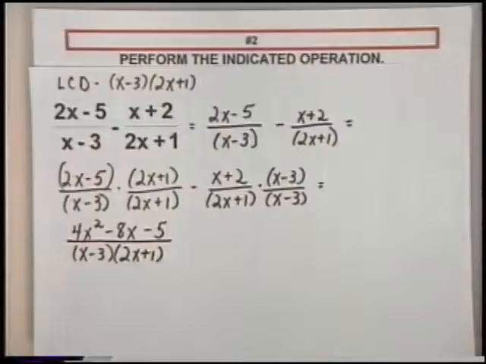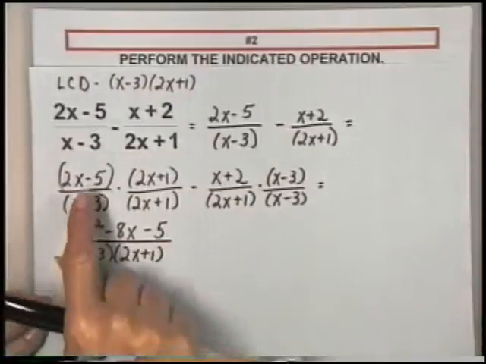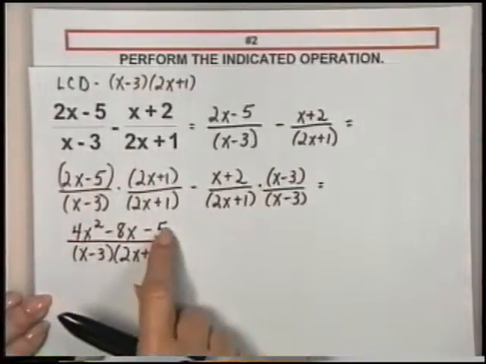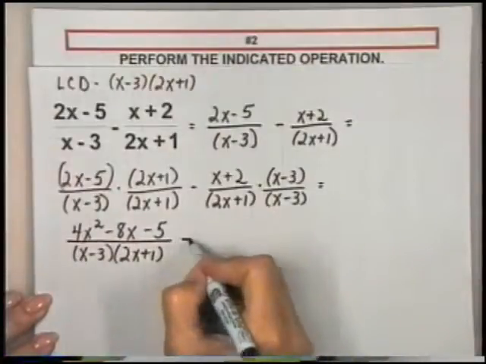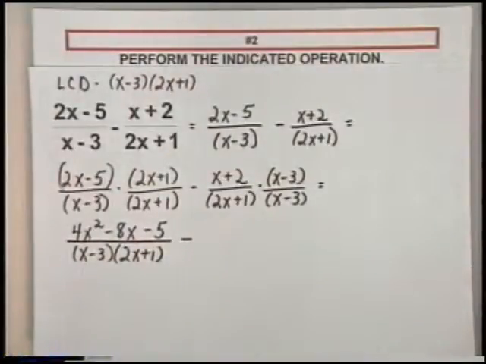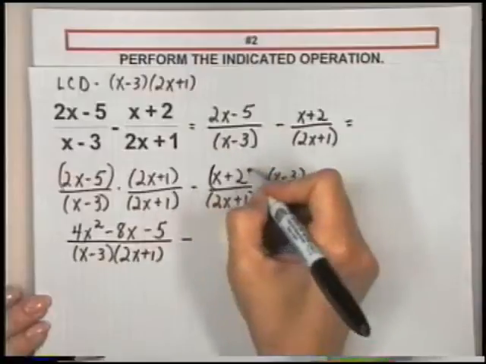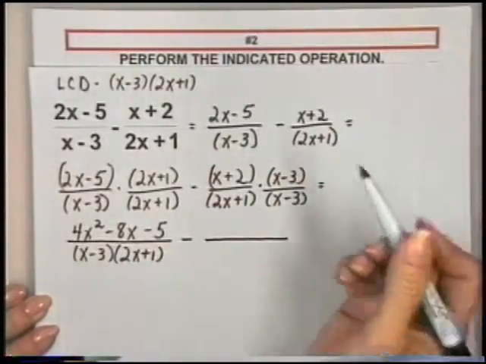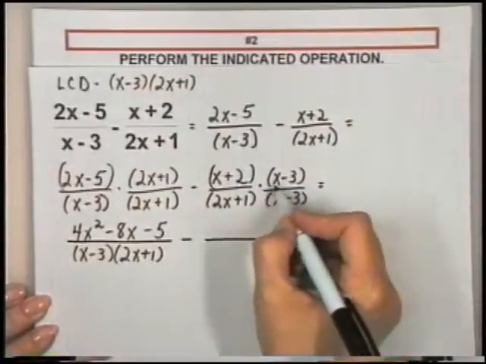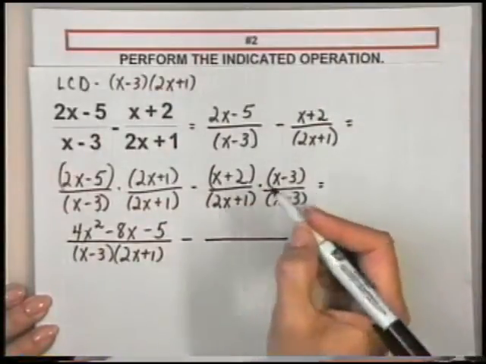Write the denominator in factored form. When we are working with binomial and trinomial denominators and we're adding and subtracting algebraic fractions, we multiply out the numerators, write the denominator in factored form. Moving to the second fraction, I will multiply out my numerator. Once again, I have a binomial times a binomial.